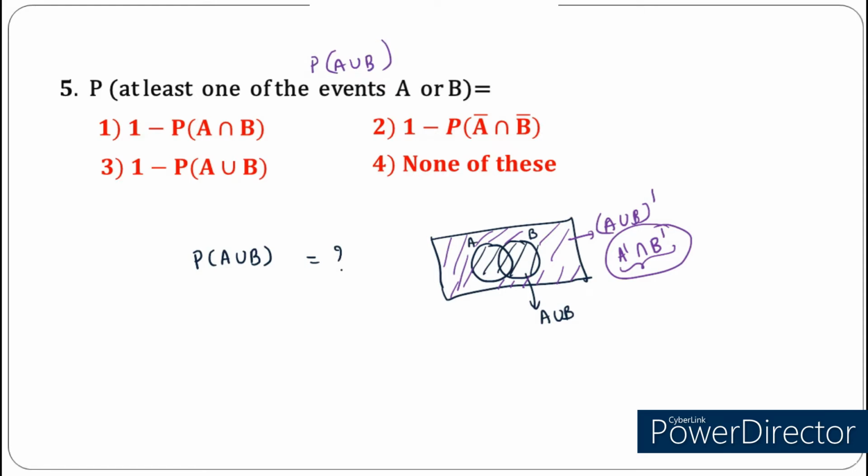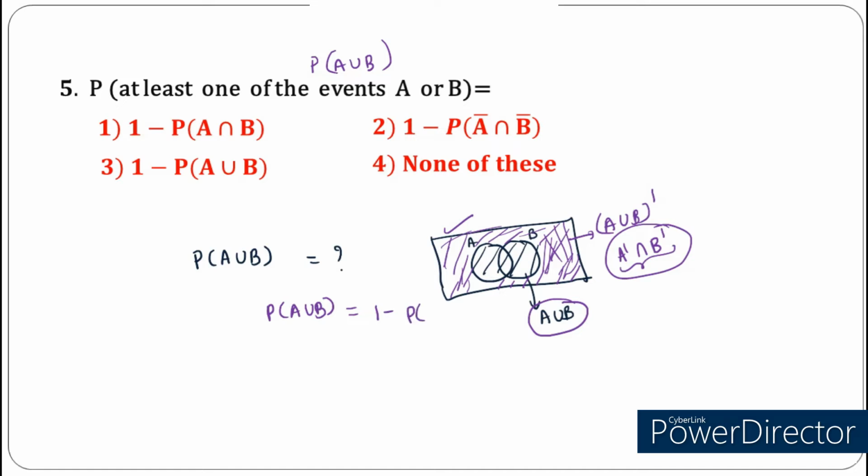Remember one thing, the probability of sample space is 1. This is the total sample space, and the total probability is 1. If you want P of A union B, the inside part, you remove the outside part from the total.